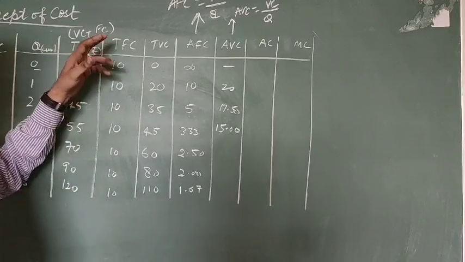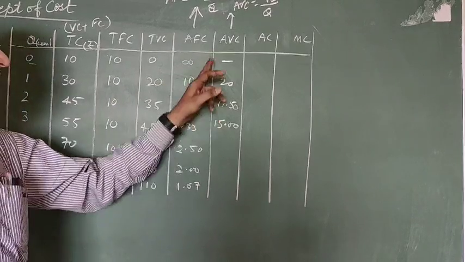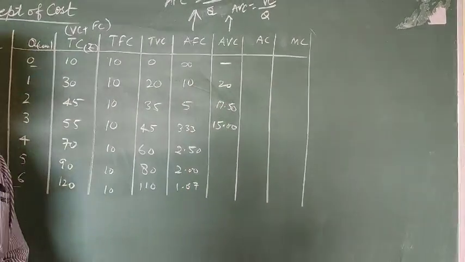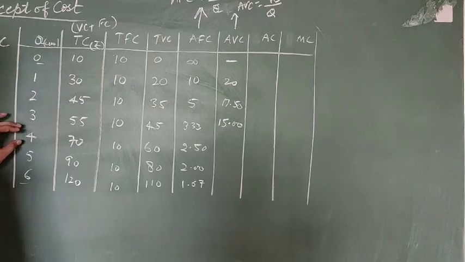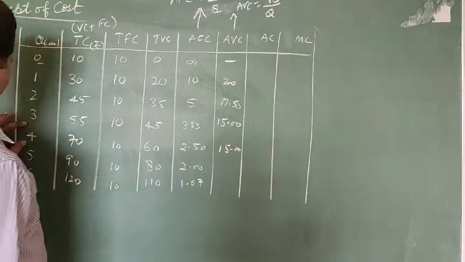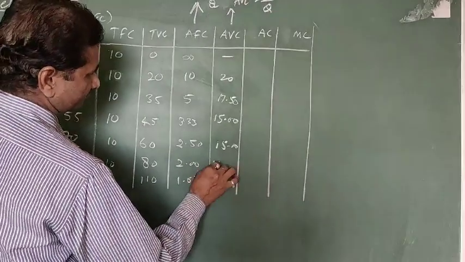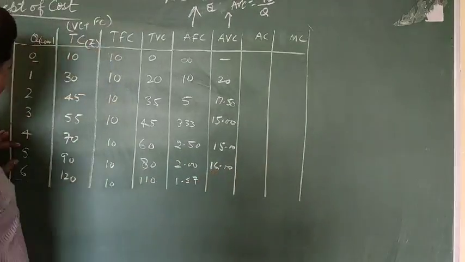So as the production units increase, average variable cost decreases. For 4 it is 15. For 5 it is 16.